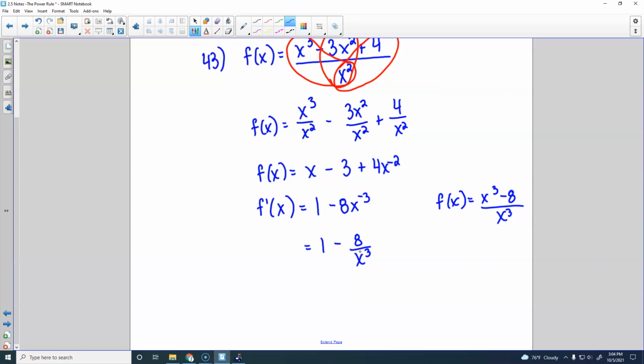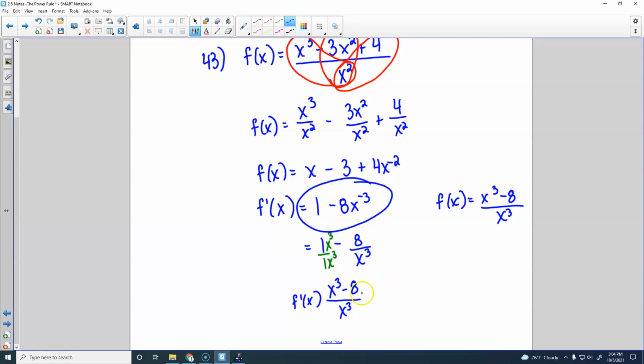How'd they get x to the third minus 8 over x to the third? That would be like 1 minus 8, common denominators. That's kind of redundant though. It is fine to leave it right here.